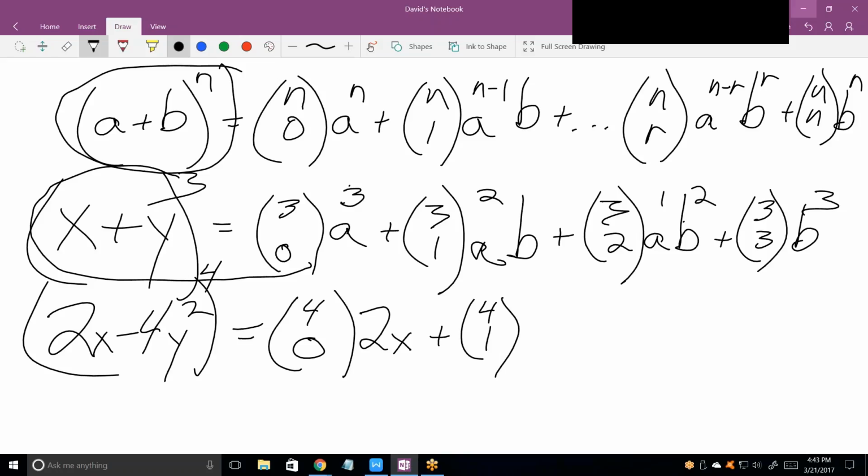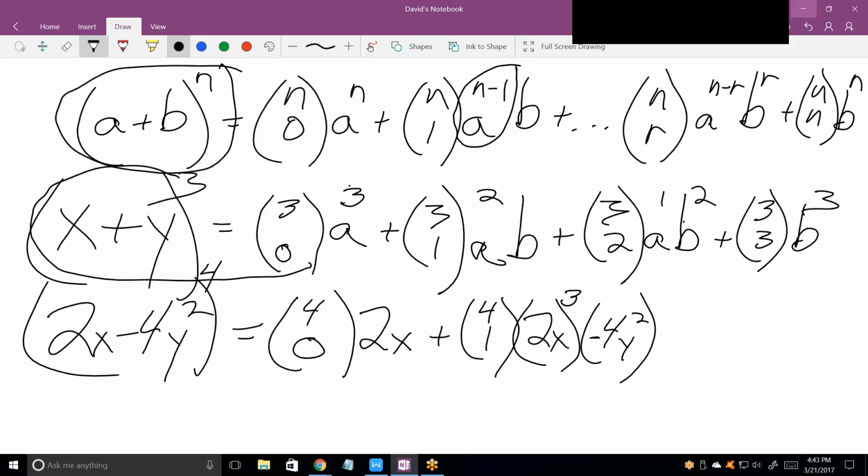And then A to the what? What's A? It's 2x. Put parentheses around that. What power is that to? The 3rd. Yep. Times B, which is minus 4y squared. With me?